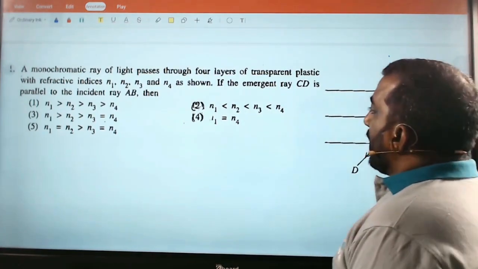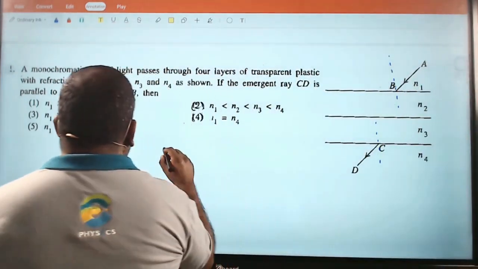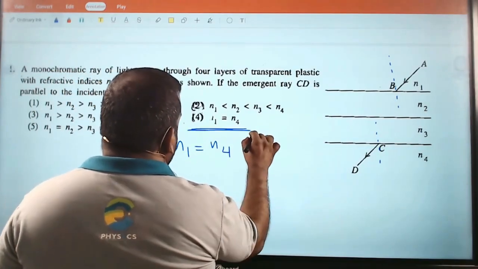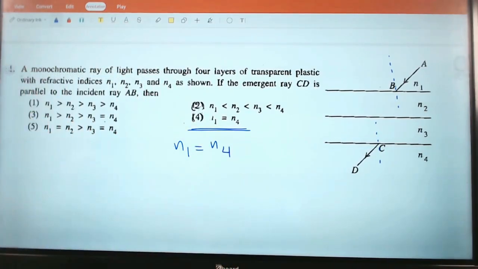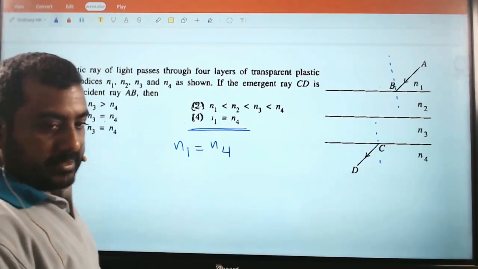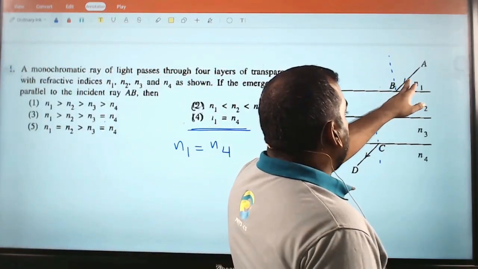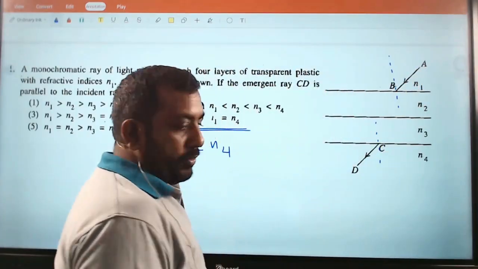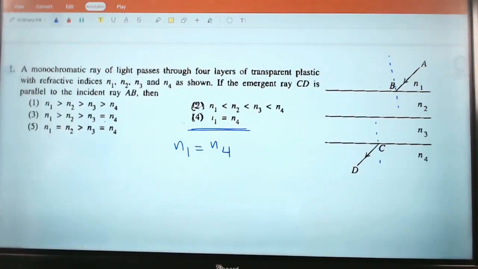Parallel means refractive indexes are same. Guaranteed you can say N1 equals N4. So if the refractive indexes are same, incident and emergent will be parallel to each other. Okay. Moving on.